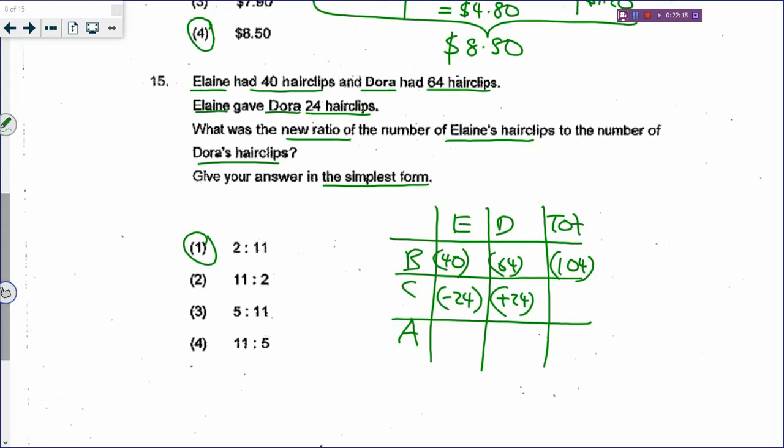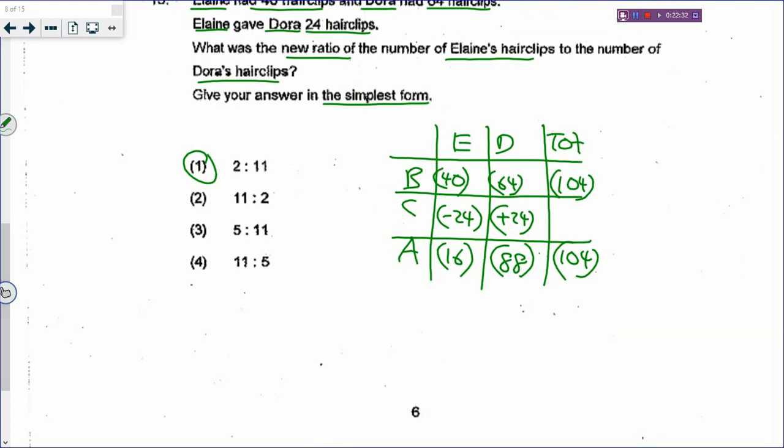So you have 40 minus 24, that'll be 16. And then 64 plus 24, that will be 88. And the total is unchanged. So the ratio of Elaine to Dora is 16 is to 88. And then you get your simplest form. You divide by 4, and you get 4.